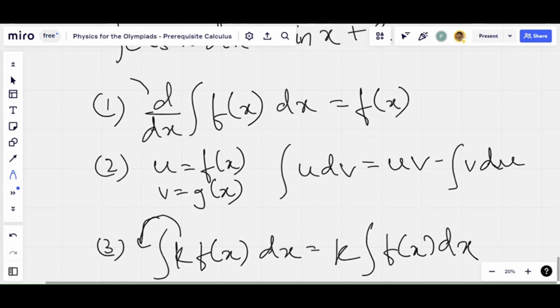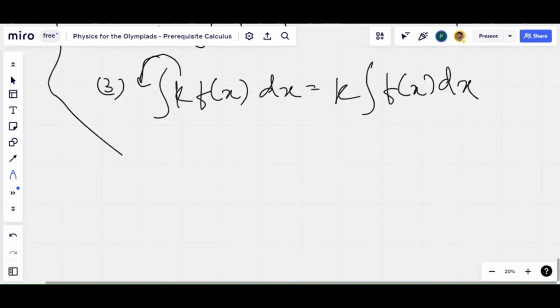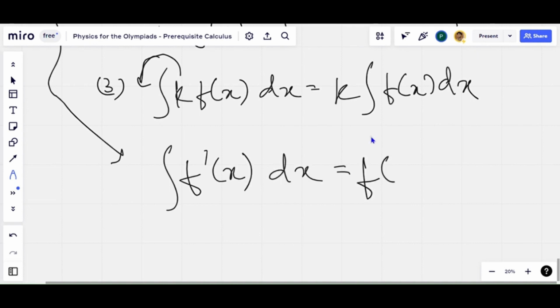This can also be written as integral of f dash, the derivative of f of x dx, which is also written as f of x plus c, the constant which I told earlier.